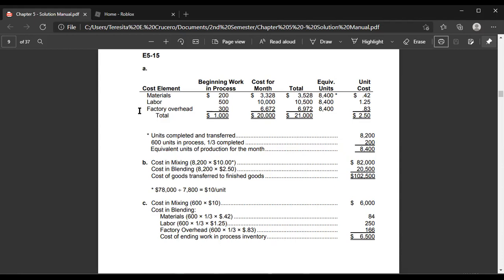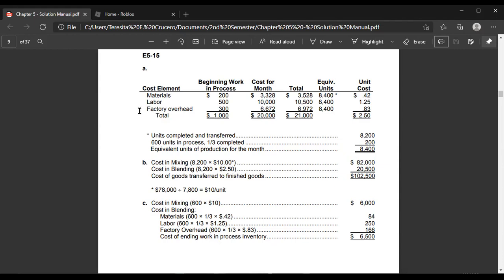So we have now the cost per unit as required in letter A. That's the unit cost in the blending department with these supporting computations. Now in letter B, determine the total cost of the products transferred to the finished goods. So we have now the cost in the mixing for 8,200 units.